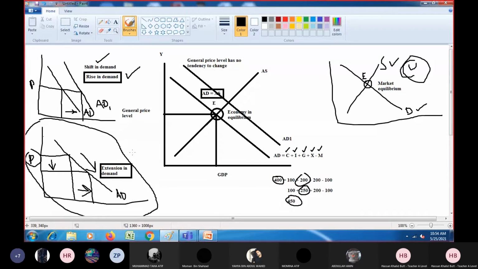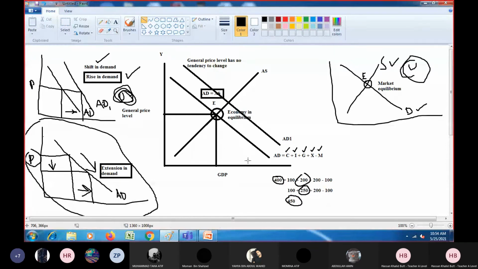Okay, when demand is increasing because of a change in the components of aggregate demand, remember, aggregate demand will shift to the right side when it increases. And when aggregate demand falls, there will be a shift in the demand curve towards the left side. So remember, when aggregate demand increases or shifts to the right side, there is a rise in demand, and whenever aggregate demand shifts to the left side, we say there is a fall in demand.